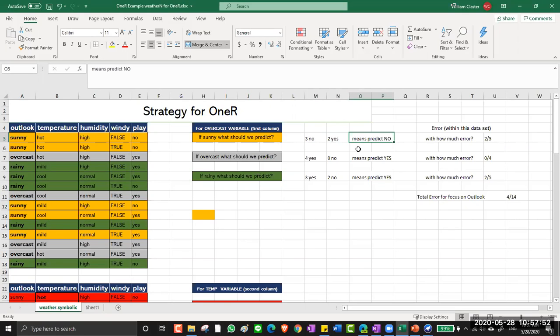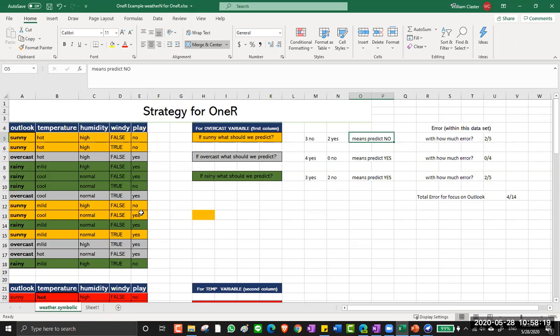And then, is that rule perfect? Within this data set, if we predict no whenever it's sunny, will we always be right? No. How many times will we make an error within this data set? 2 times, right?